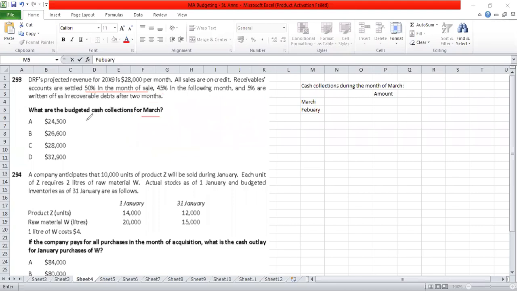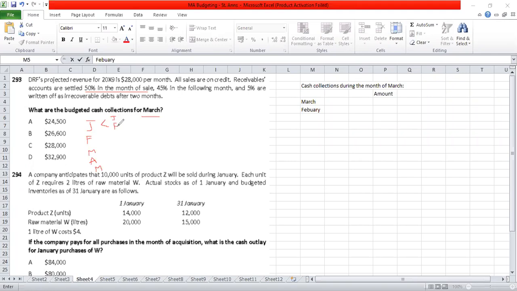All through the year from January to December, they would be receiving revenue. January, February, all through the year, on an average per month, their sales made are 28,000. Each month, a part of it, January will receive the amount from customers in January, a part of it in February.